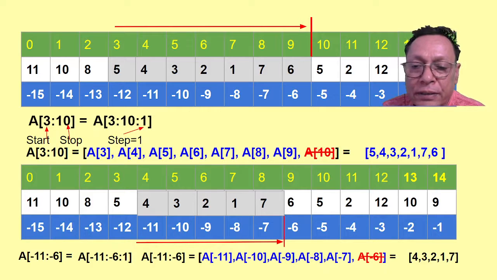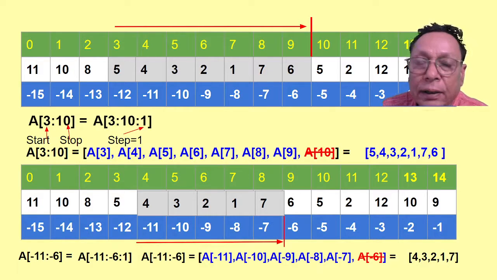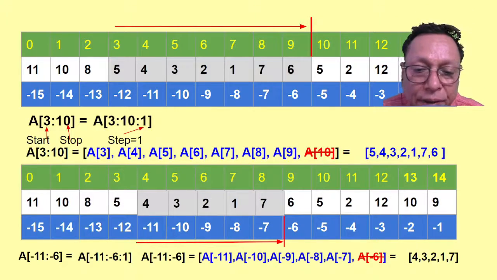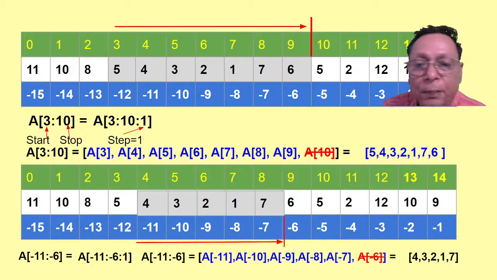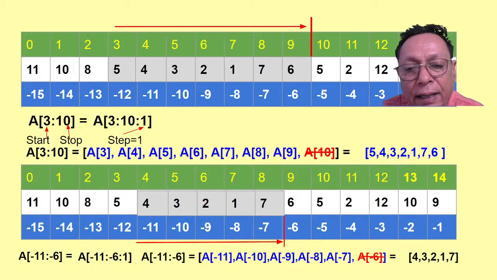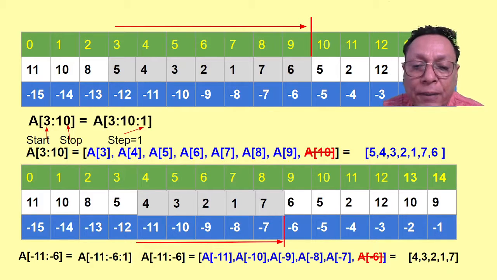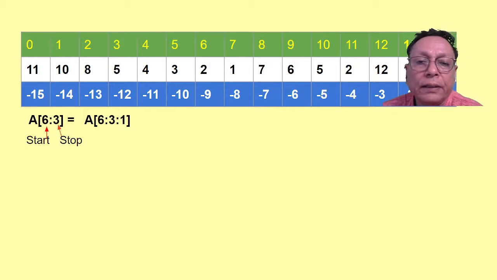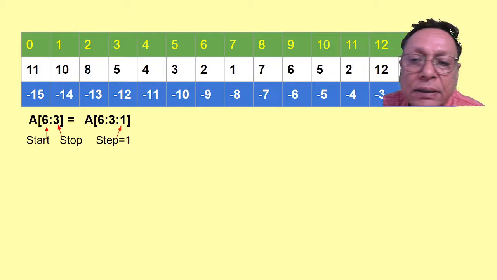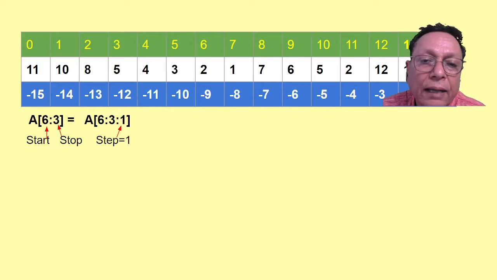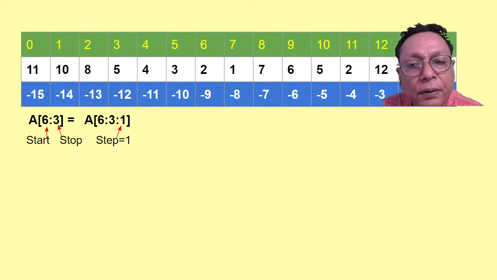This is the example when the starting index is negative and the stop index is also negative, but the step was omitted, so by default the step is considered as 1.